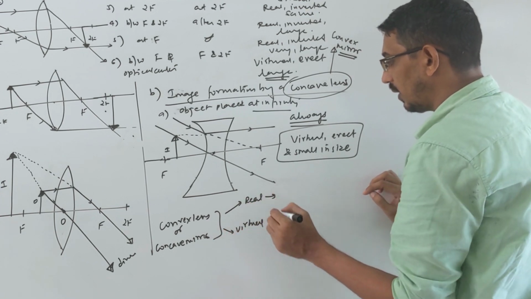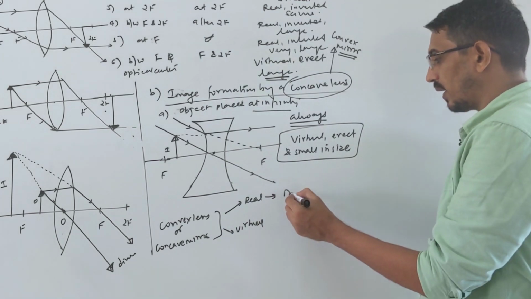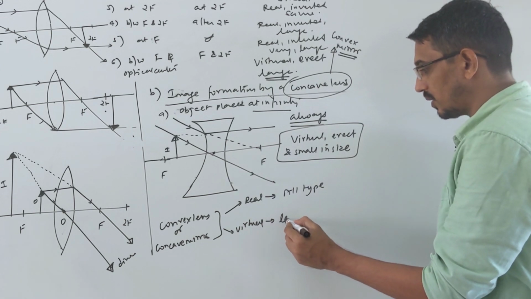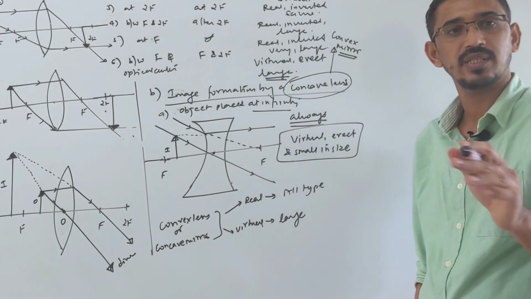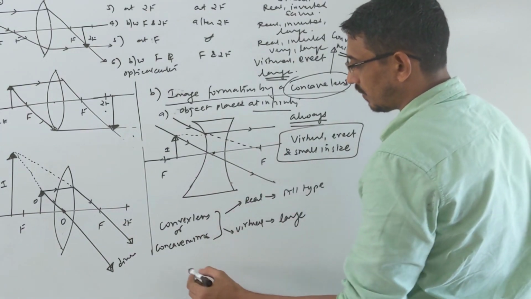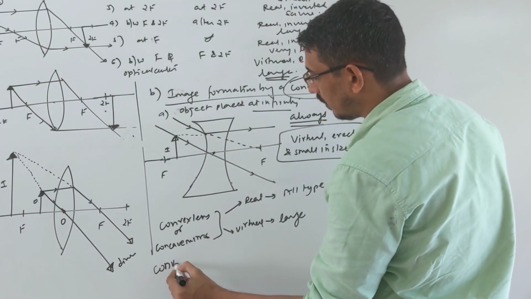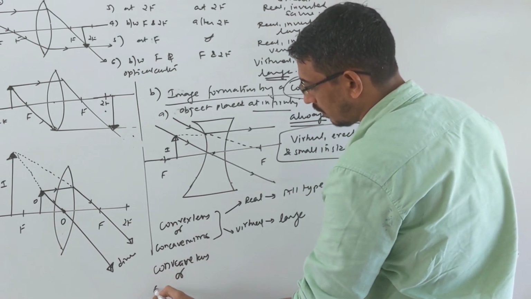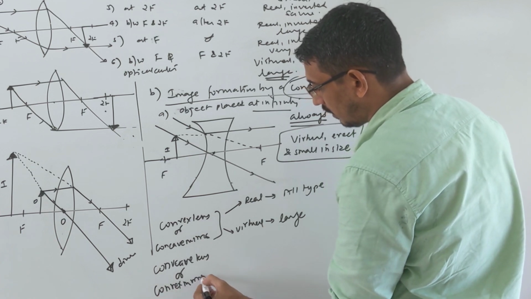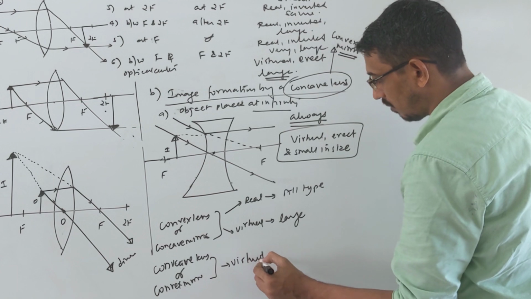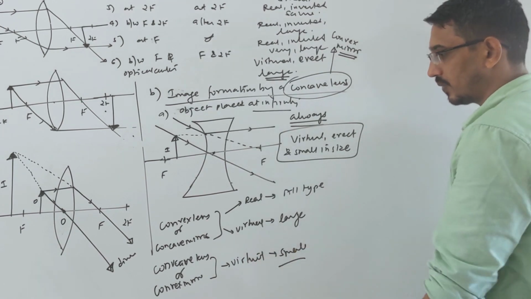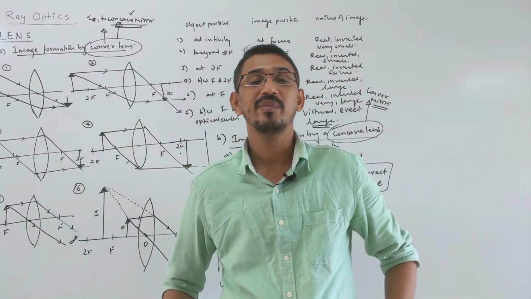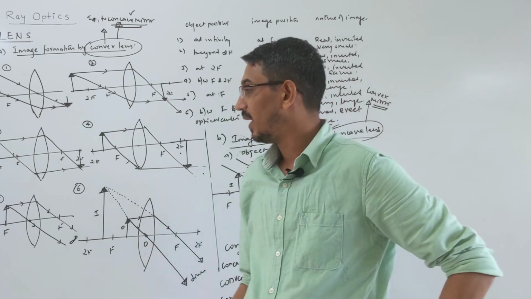Real means magnification is negative, and again all types, small, big and equal size, and these make a virtual image that is larger only, correct? It can make a virtual image but larger than the object. While the other two, the concave lens, or your convex mirror, make only a virtual image, but always small, right? So the same rule: if M is negative, it's called a real image, and M positive means a virtual image. So all ideas are exactly similar.